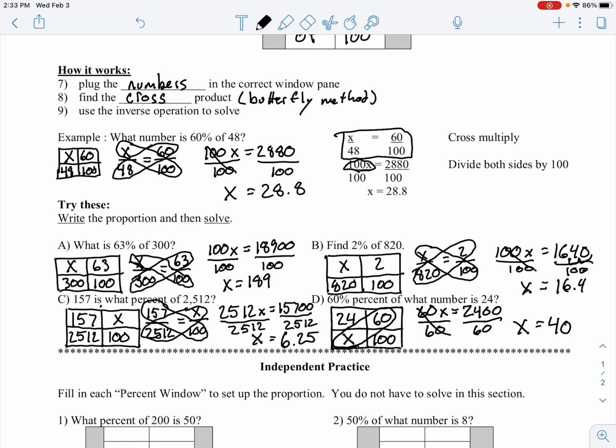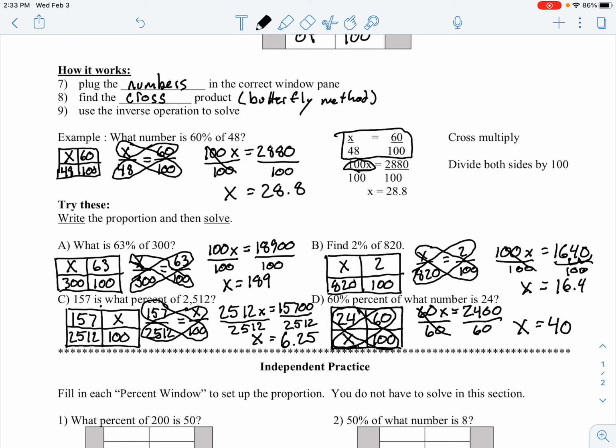So that means 60% of 40 is 24. Oh, we got that second number by multiplying these two right here as well.